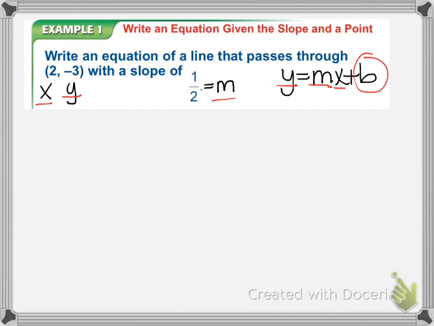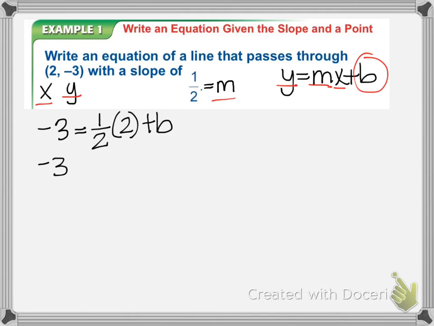So what you're going to do is plug your x value, your y value, and your m value into the formula, and solve it for b, and that'll give you your y-intercept. So here we go. This is how that's going to look. Your y value is -3 = m, which is 1/2, times x, which is 2, and then you tack on your + b at the end. Now you just go through and do the math.